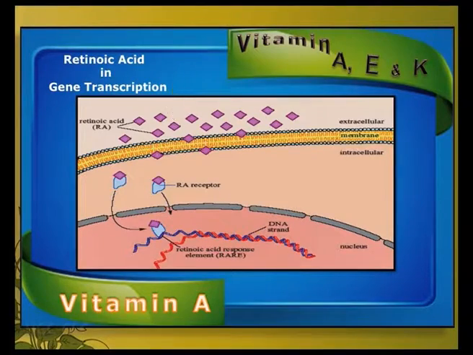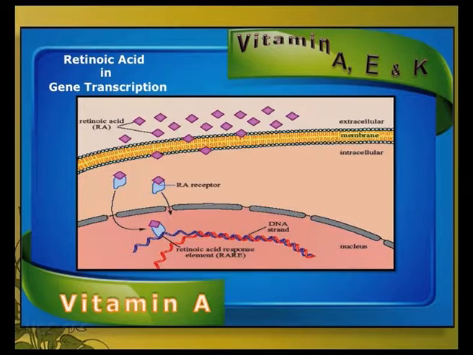Another important function of vitamin A is in the form of retinoic acid, and it acts as a generalized morphogen. Retinoic acid diffuses through the plasma membrane and reaches the cytoplasm, where it binds to its receptor called the retinoic acid receptor.